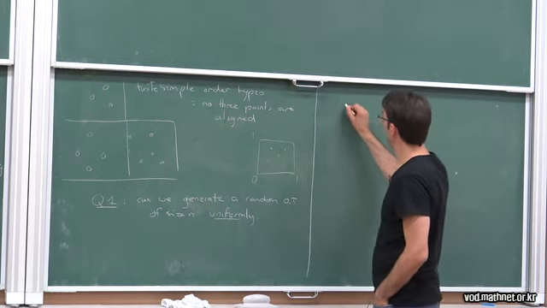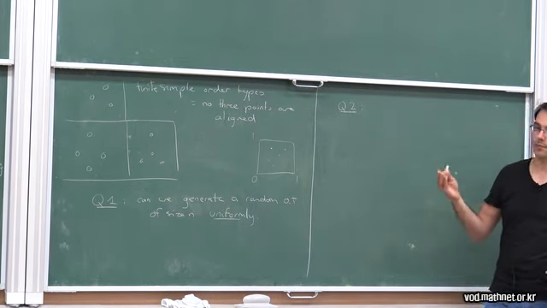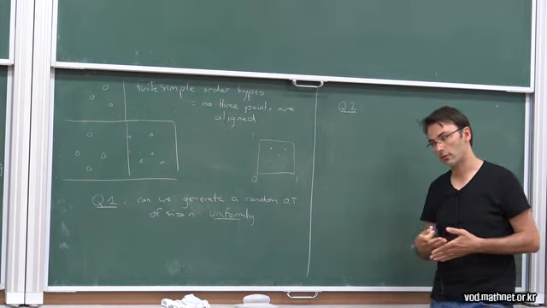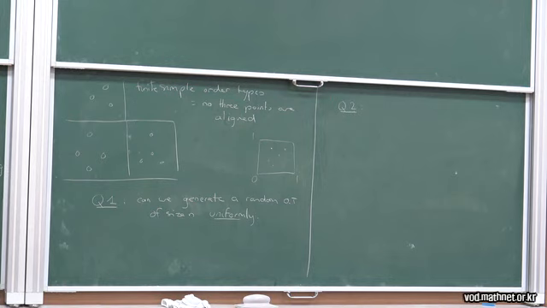A second question. So order types encode crossing of straight lines. And there's a question that people are interested in in discrete geometry. If I try to draw the complete graph Kn in the plane, how many crossings do I need to have? And here I'm talking about straight line edges.